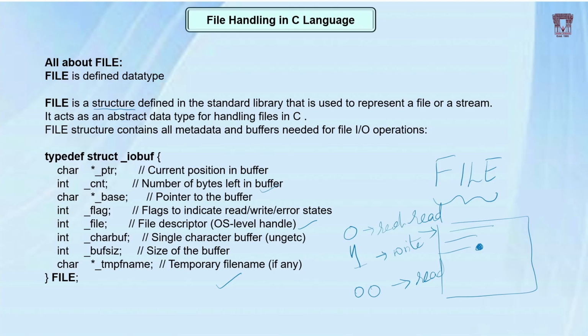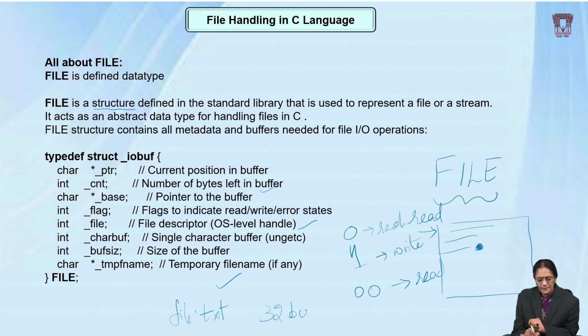And further, it is the role of the operating system to take care of storing the file, addressing the file, and all this. That's how, for example, if you list and open any file, you will get, say, file.txt is having some 32 bytes, and probably it was opened on the 22nd of 7 and 25 at 11 a.m., something like this.